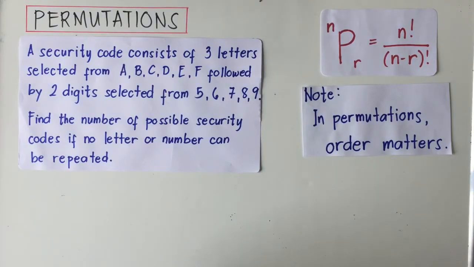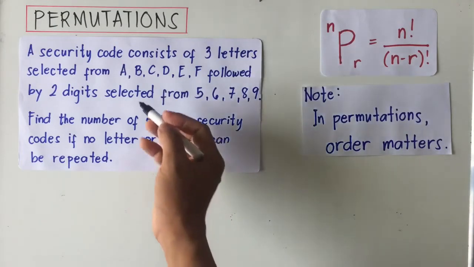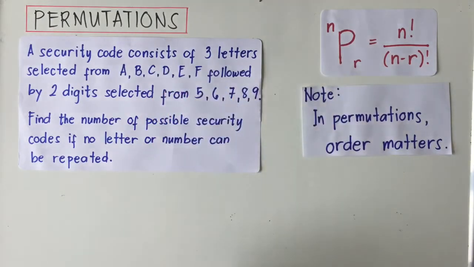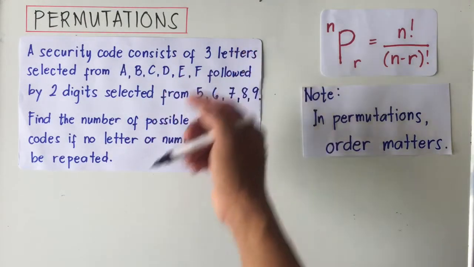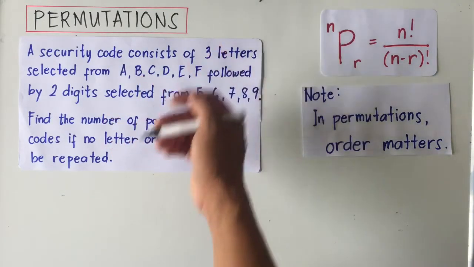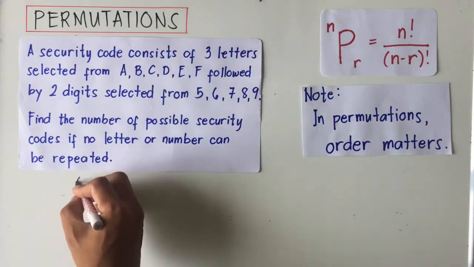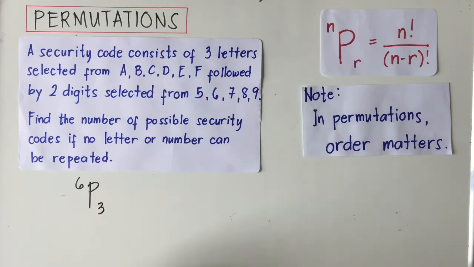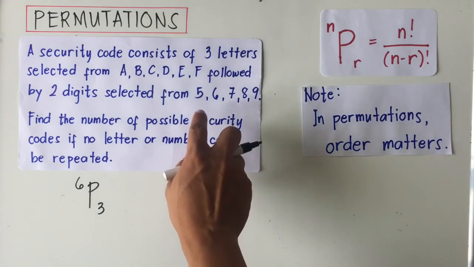So how are we going to solve this kind of problem? We are going to solve it using all the things that are given here. If you notice, I have 1, 2, 3, 4, 5, 6 items that are letters, but I am going only to choose 3 letters, so I'll put in 6P3. Next, how many digits do I have?